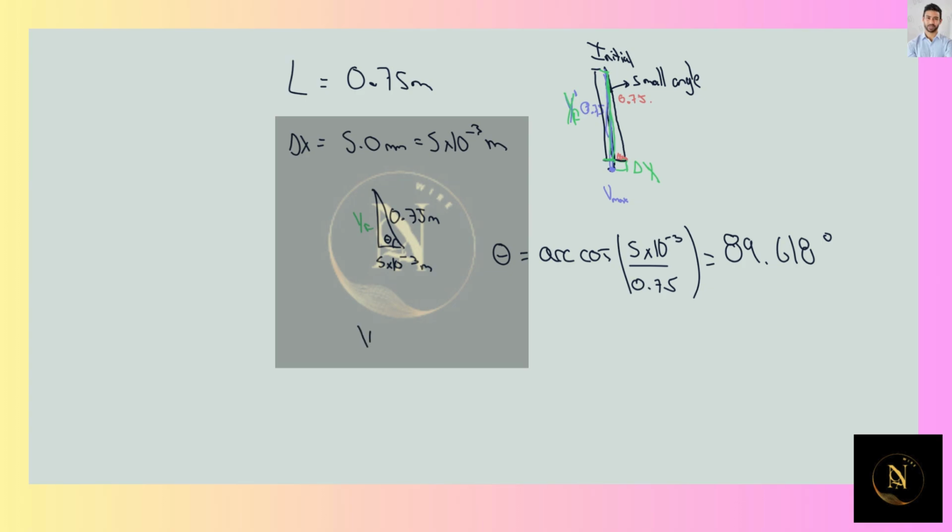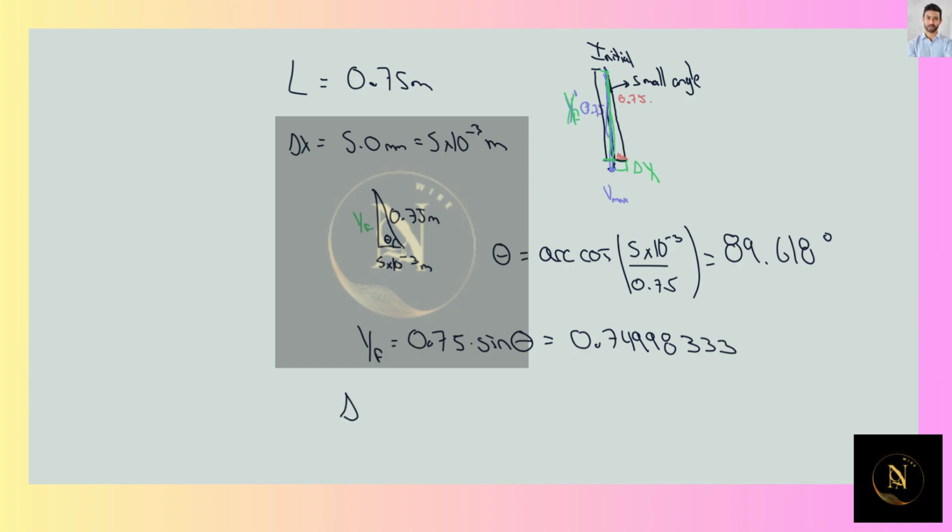We know that y final would be equal to 0.75 times sine of theta. So taking the sine of this angle times 0.75, we're going to get that y final would be 0.74998333.